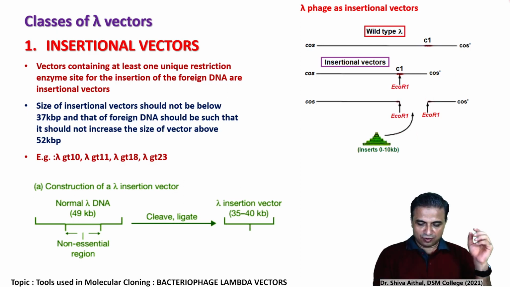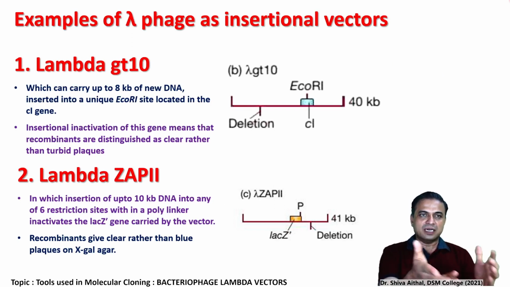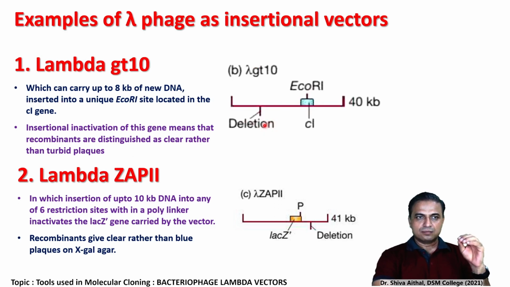Insertional vectors. Now, before going to the second type, let us see some examples of phages as insertional vectors. These are lambda gt10. As you can see, lambda gt10 as an insertional vector carries up to 8 kilobases of new DNA.